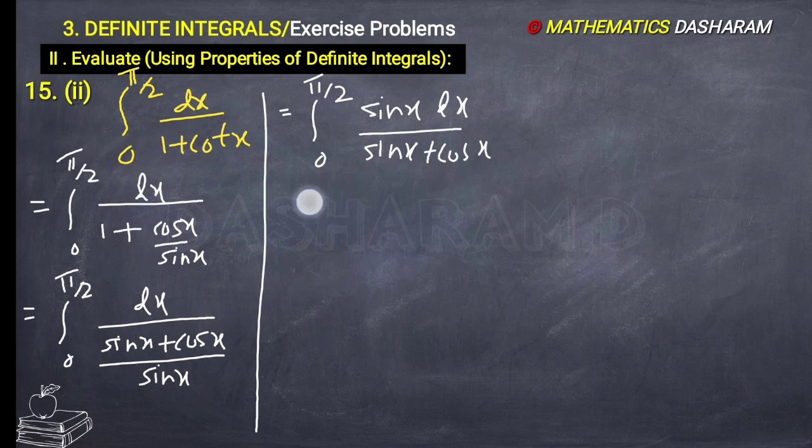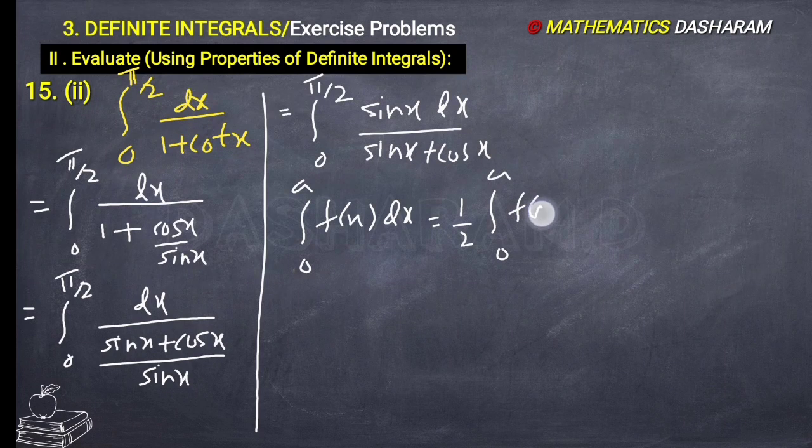So now apply the suitable formula, that is 0 to a suitable property. The suitable property is integral of f of x dx equals to 1 by 2 integration 0 to a f of x plus f of a minus x dx.